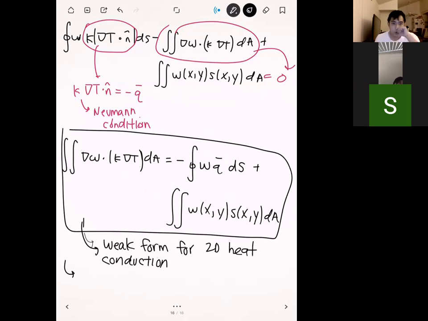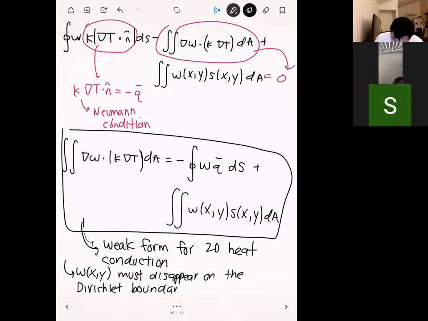In one dimension, one of our rules for a weighting function was that it has to disappear on our Dirichlet boundaries. And so the same rule is going to apply here too.